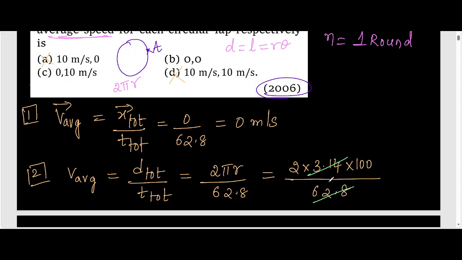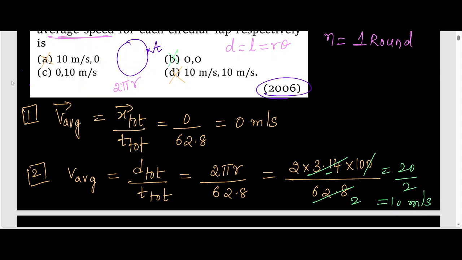Now one decimal got cancelled. Another decimal and 110 got cancelled. So what is left behind now? 20 by 2. So how much do we get? We get 10 meter per second. So this is the average speed of the car. So you can eliminate option B also because average speed is not 0.